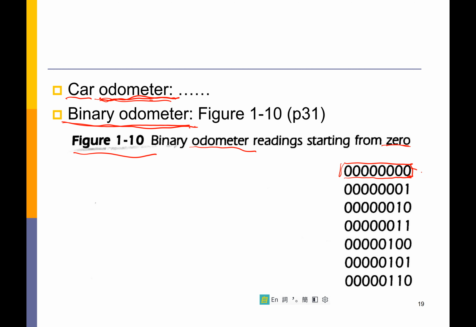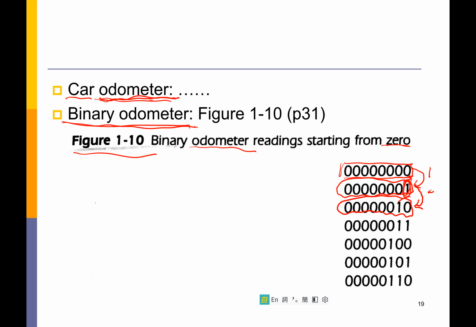Then after adding 1, the odometer becomes 0 0 1, with the 1 at the end. Now, if we add 1 again, you get this sequence of binary values.